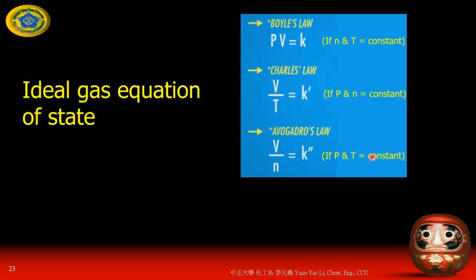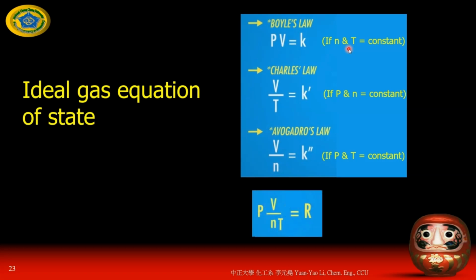Avogadro's law tells us that V divided by n is another constant, which we write as K double prime. If these are all constants, let's put them together. That will be P times V divided by nT, which becomes another constant, right?